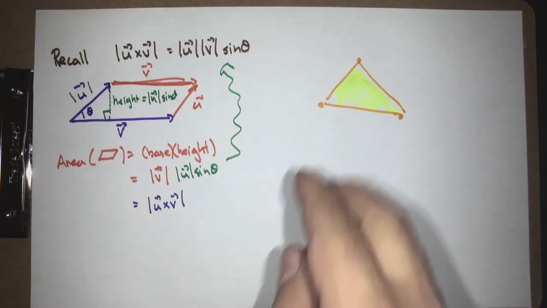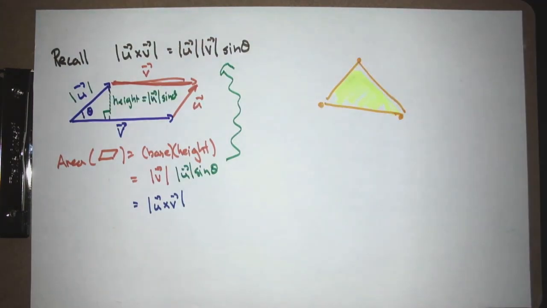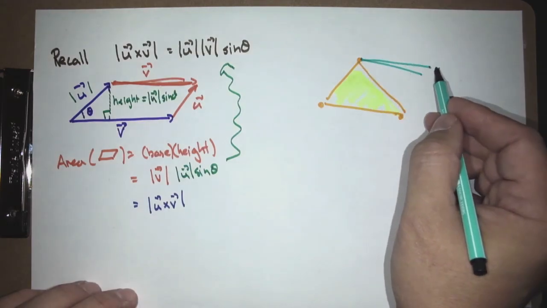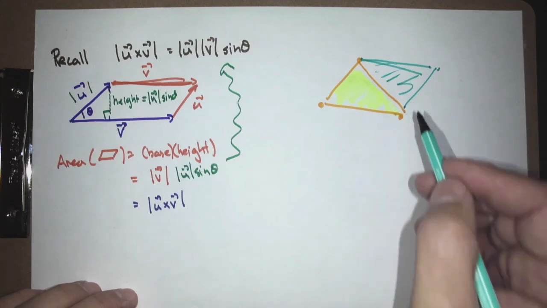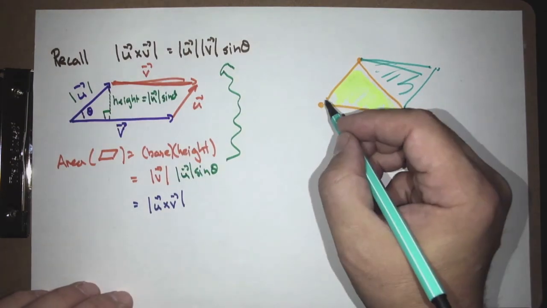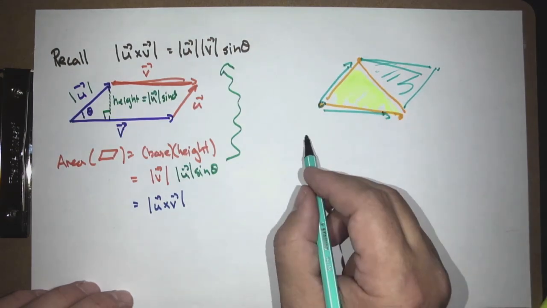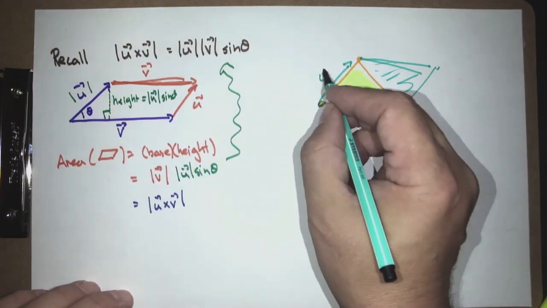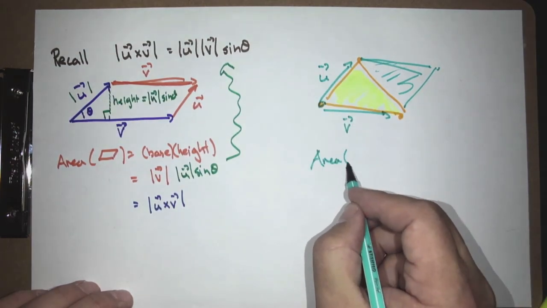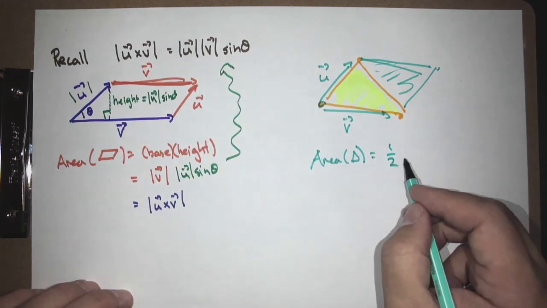Well, you can take this triangle and make a second copy and spin it around. And if you do that, what will you get? You'll get a parallelogram. So, idea. If I want to find the area of a triangle, and I know the vectors for two sides, then the area is half the area of a parallelogram.